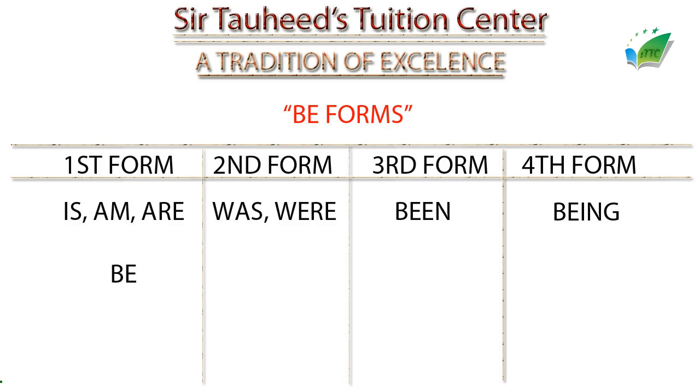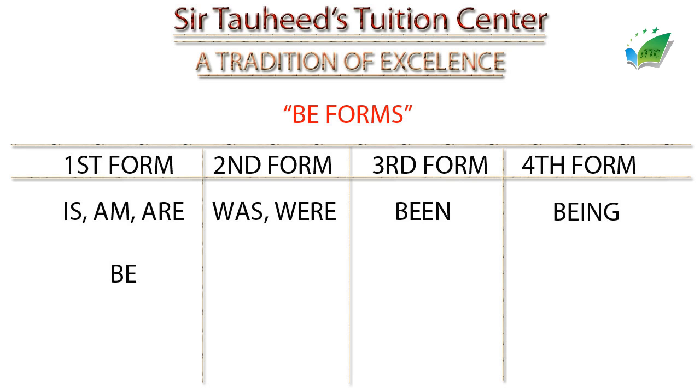Was and were are the second form of be. In the third form we have only one word, that is called been. Been is the third form of be, and if you look at the fourth column, here the fourth form of be is being.